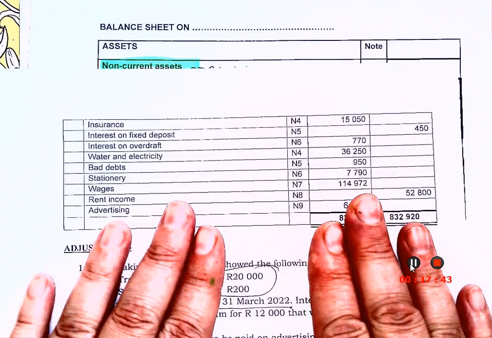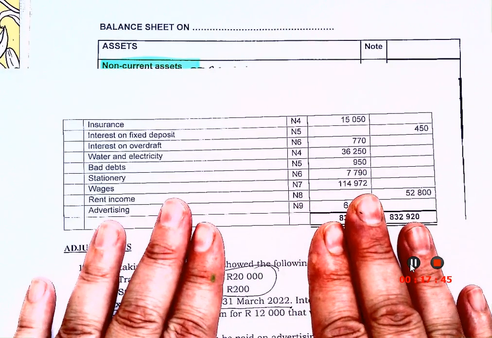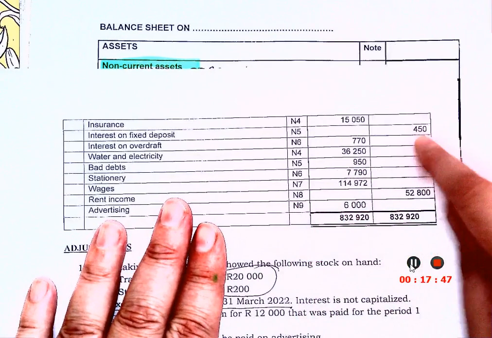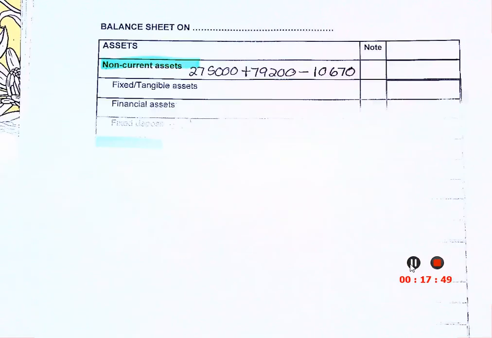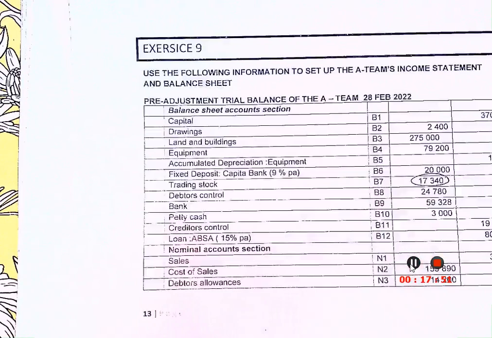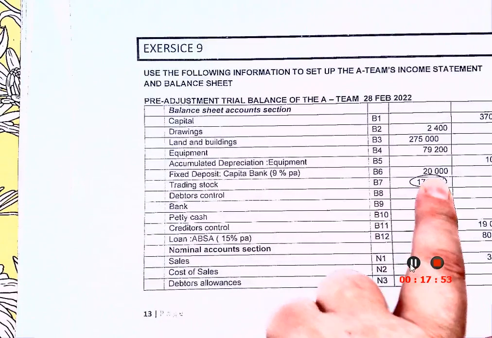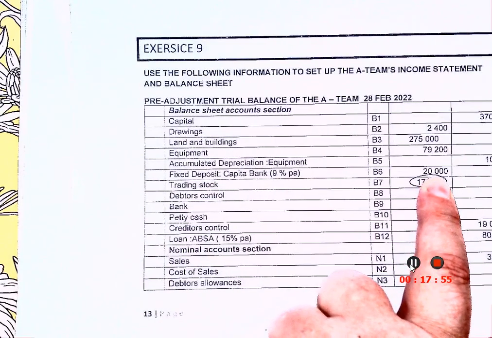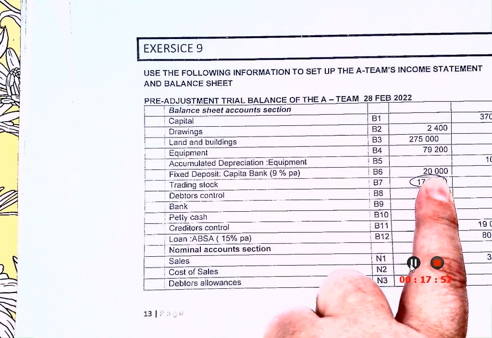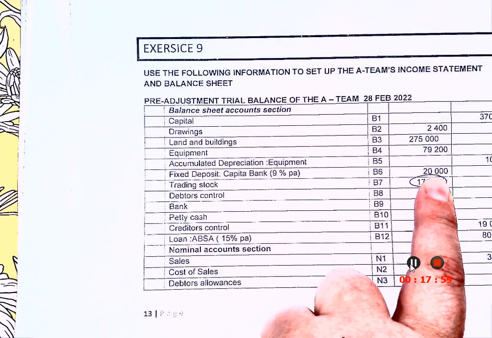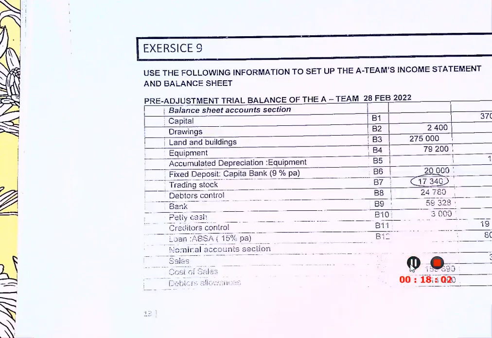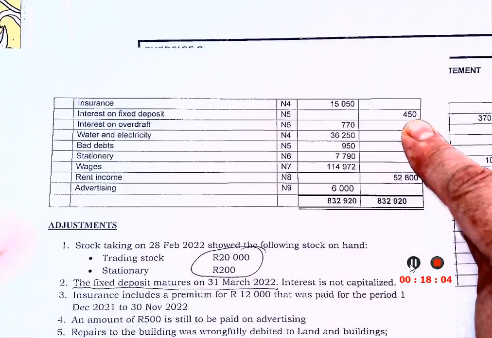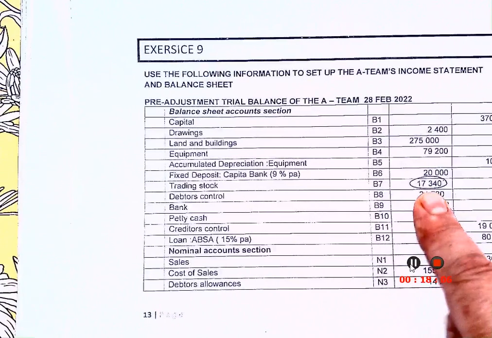So if interest is capitalized, it means that the 450 should already be part of that fixed deposit amount of 20,000. And now I tell you there's still 100 rand outstanding. Then you're going to add it to the 450 and you're going to add it to the fixed deposit.